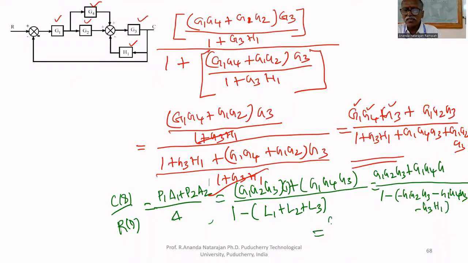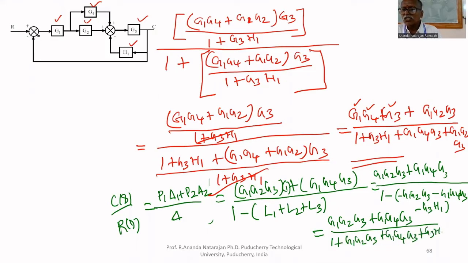Therefore, the transfer function is G1, G2, G3 plus G1, G4, G3 upon, because all the terms are negative, 1 plus G1, G2, G3 plus G1, G4, G3 plus G3, H1.